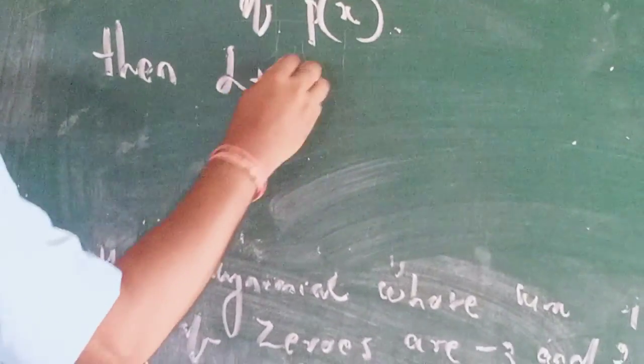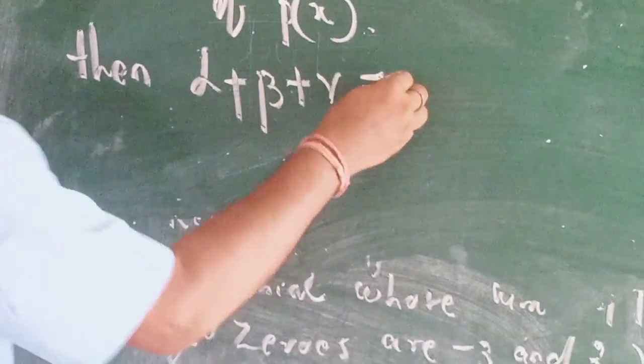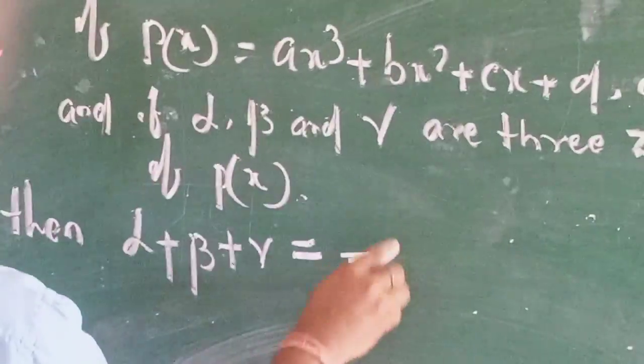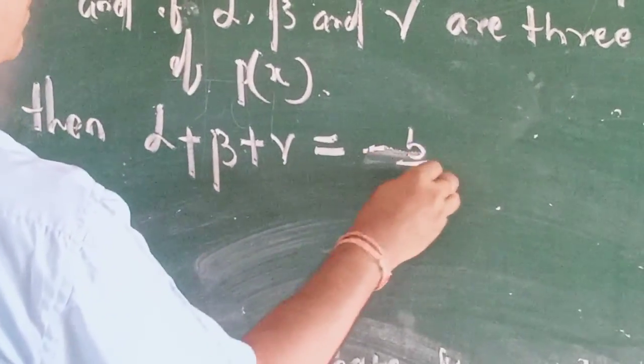Alpha plus beta plus gamma is equal to the sum of the zeros, minus coefficient of x square. Coefficient of x square is b, so you can write minus b by a.